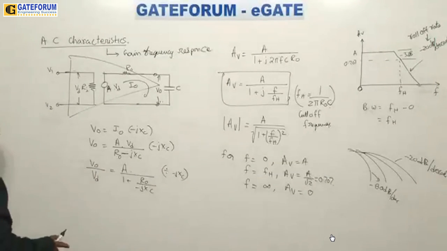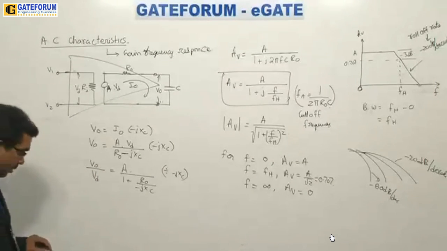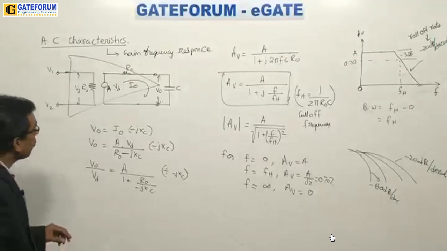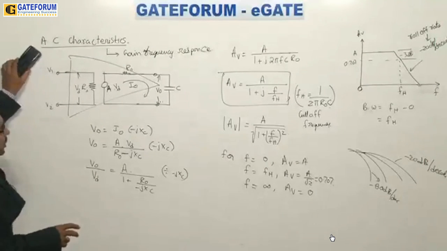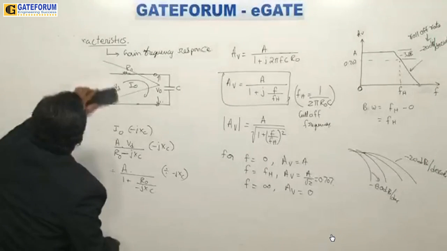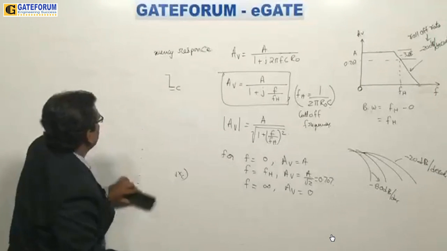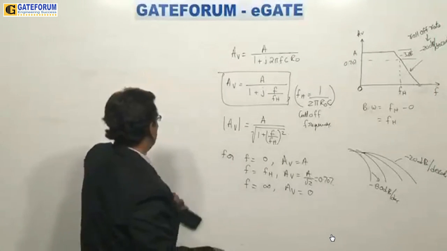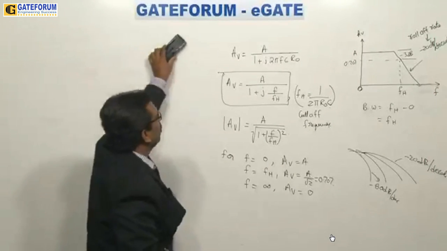Let us try to see the important point next to this. I'm erasing this part. Now let us try to see some of the important parameters for this.